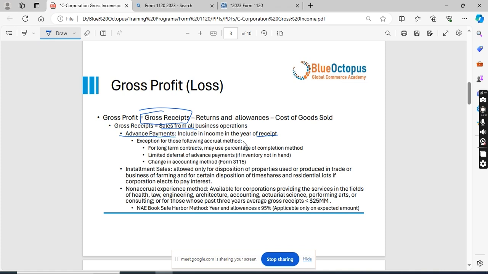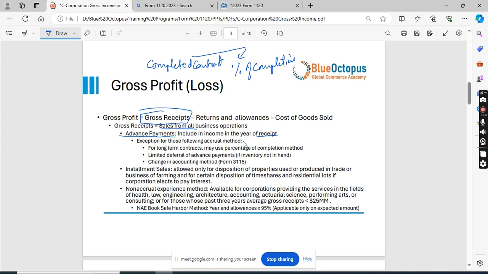So if you are getting the payment, you have to report it in that particular year. Now there are certain exceptions to the accrual method. If you are following the accrual method, then generally for long-term contracts you have two kinds of methods you may use. First is the percentage of completion method as per US GAAP, and second is the completed contract method.